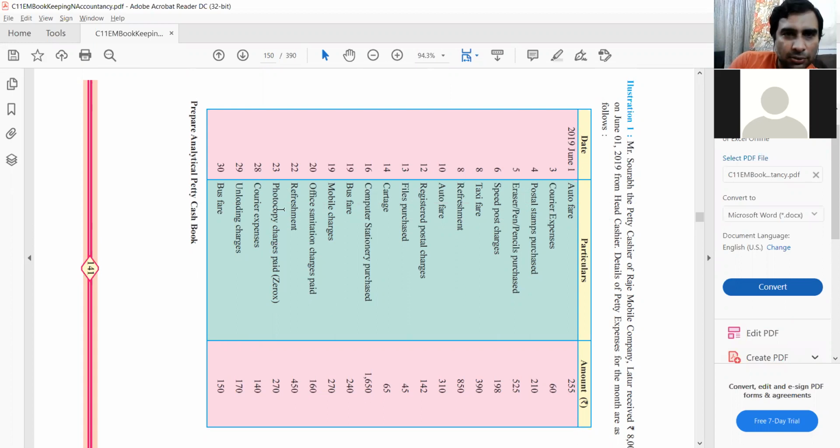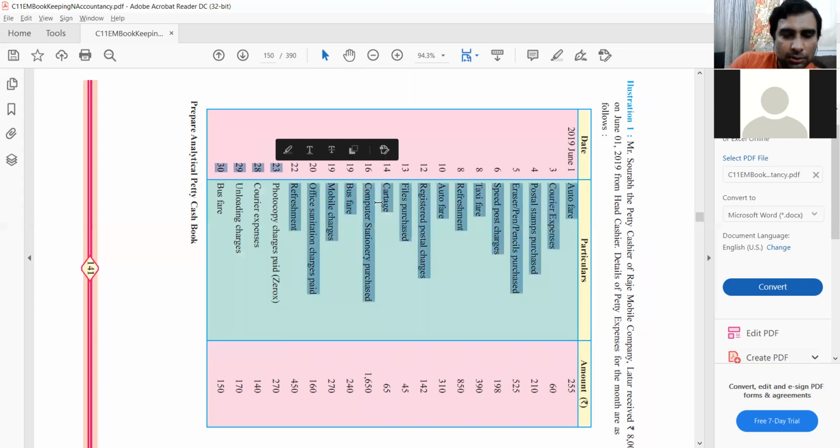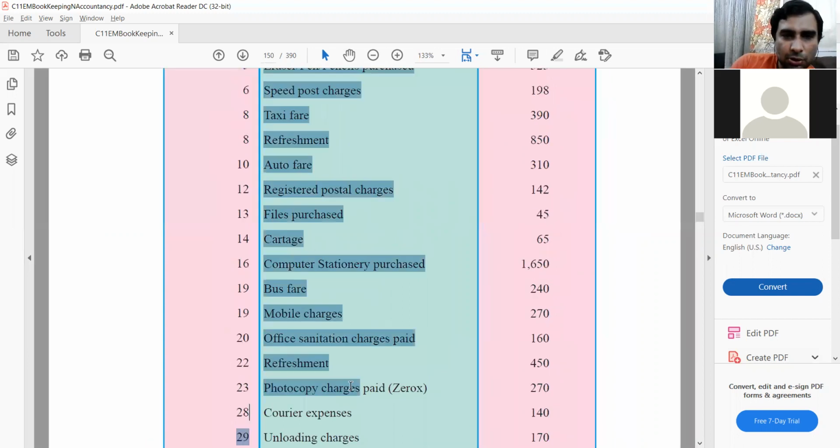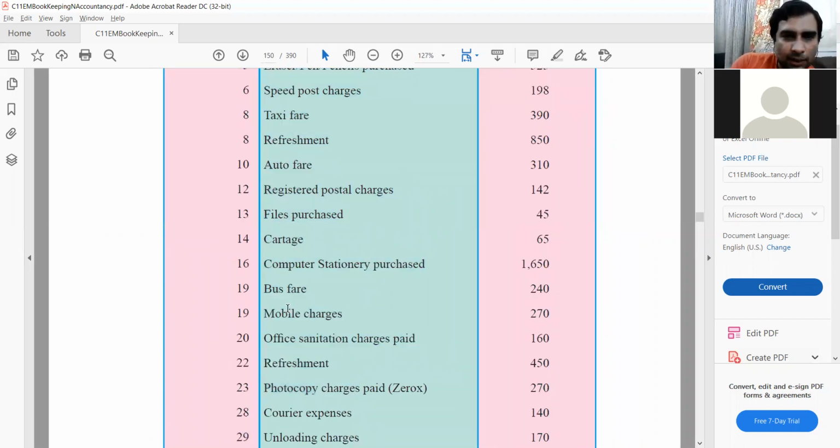So this is not telephone charges, 270. This is mobile charges on 19th, 270. Okay, so 270 is the same amount. This is photocopying charges on 23rd. For those who can't see it, 23rd is photocopying charges 270 and 19th mobile charges 270.